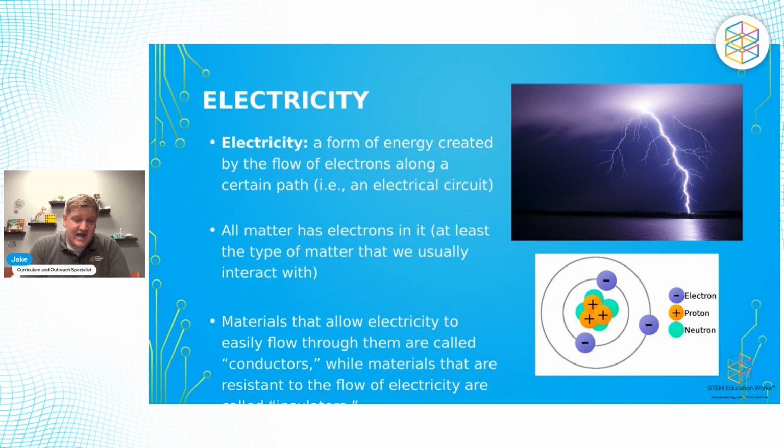At the end of the day, all matter has electrons in it, at least the type of matter that we're typically used to interacting with. If you take a look at the little image to the lower right on the slide, you'll see a very basic model of an atom.